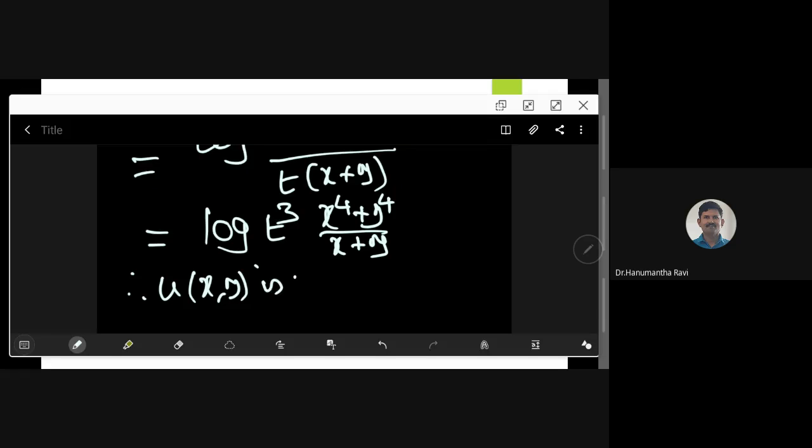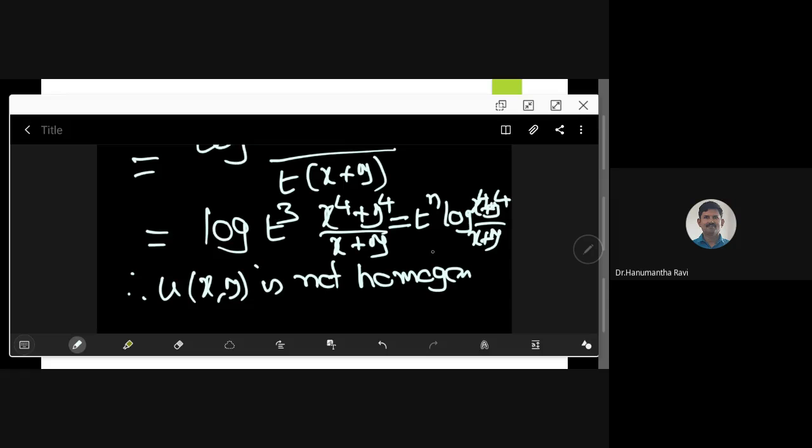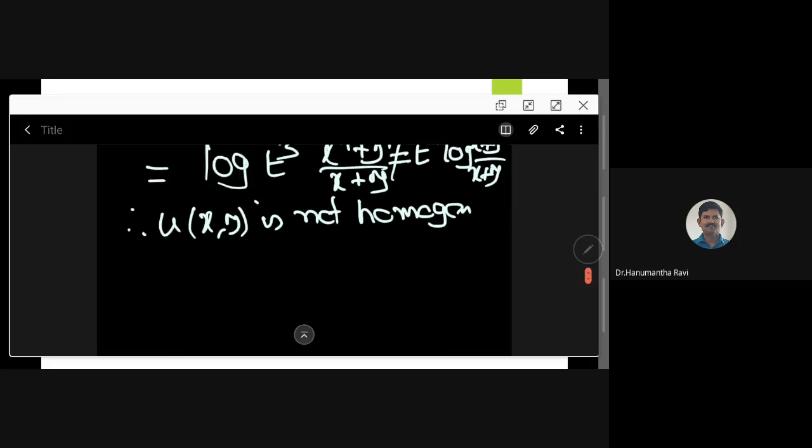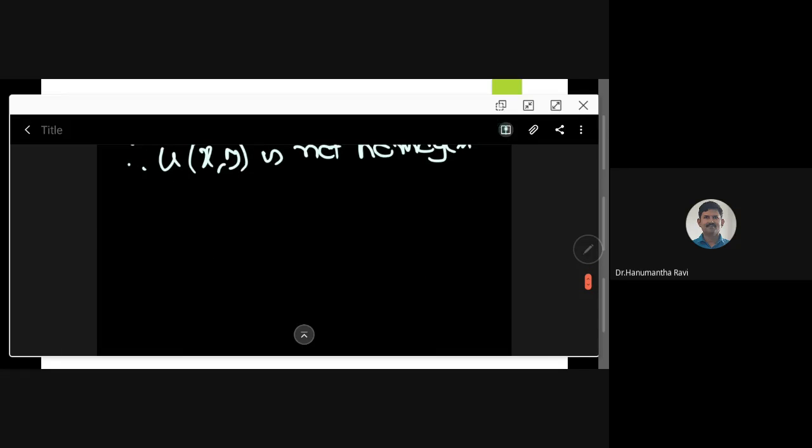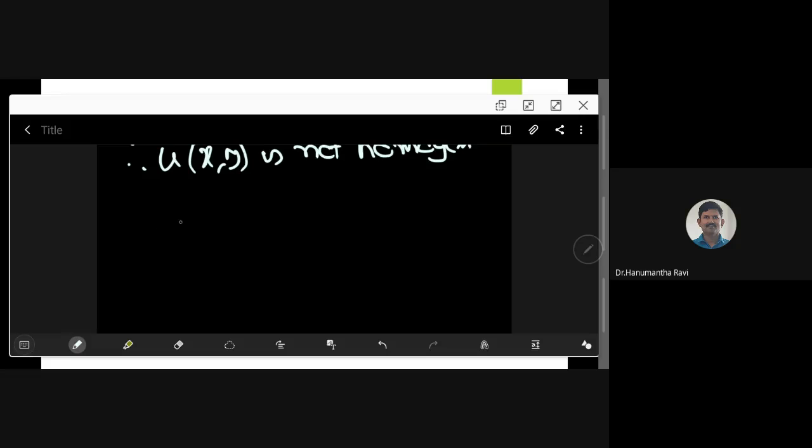First of all, it is not homogeneous, because you cannot show that this is equal to t power n into log of x power 4 plus y power 4 by x plus y. You cannot show this. It is not possible. So what we do, in the previous class I have given a hint. In such cases you can go like this.